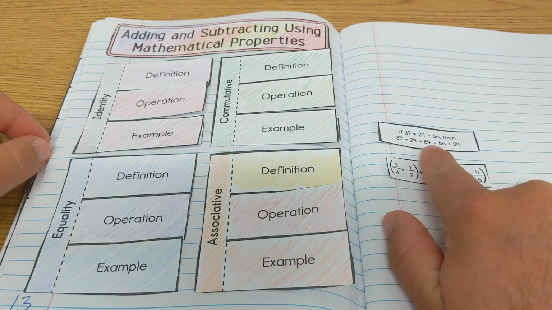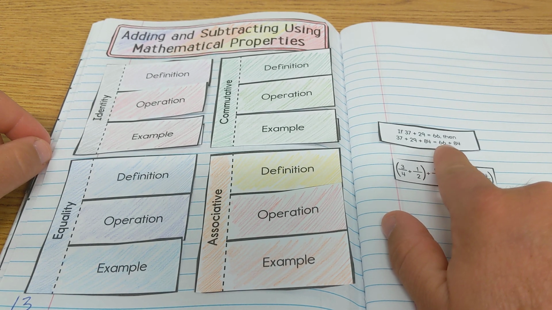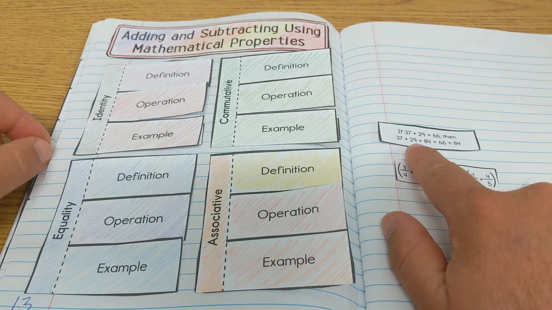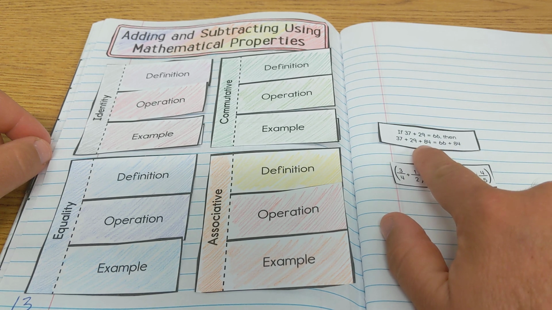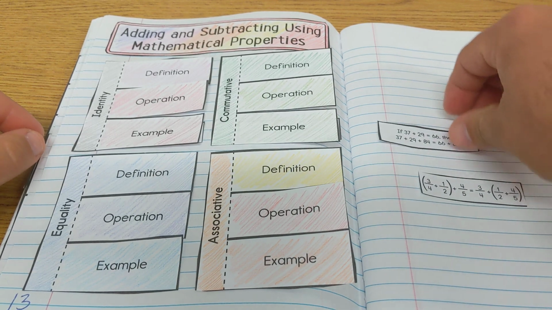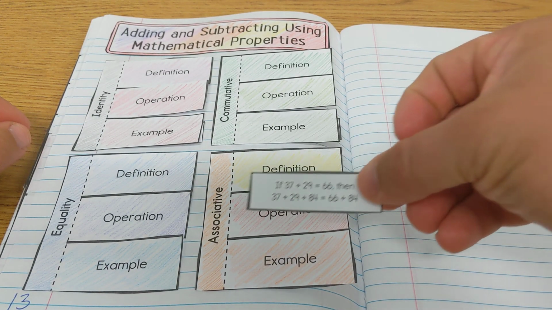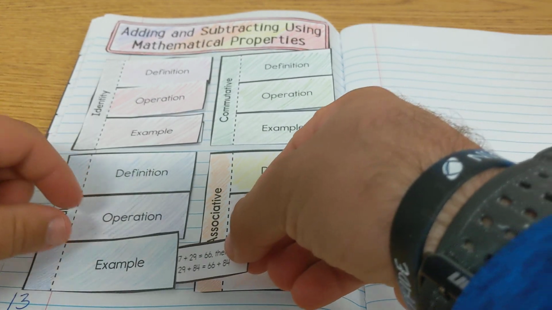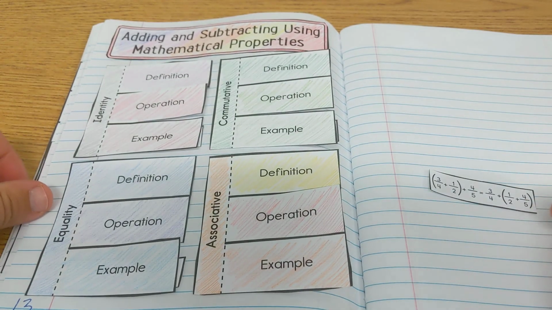All right, so let's look at this one. If 37 plus 29 is equal to 66, then 37 plus 29 plus 84 is equal to 66 plus 84. Well, what did they do? They added 84 to both sides. If you add 84 to both sides, that keeps your equation equal. So we're going to place that right there in the equality.